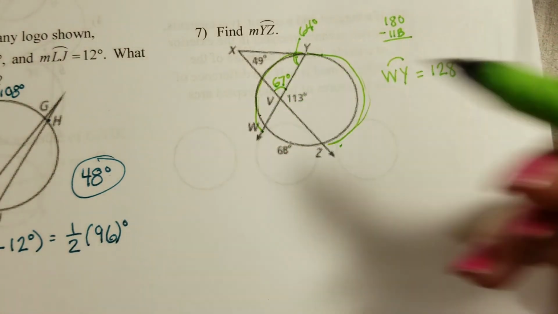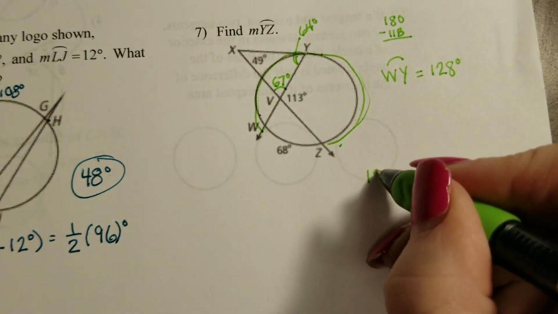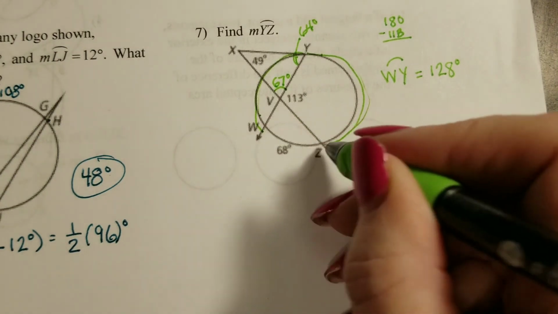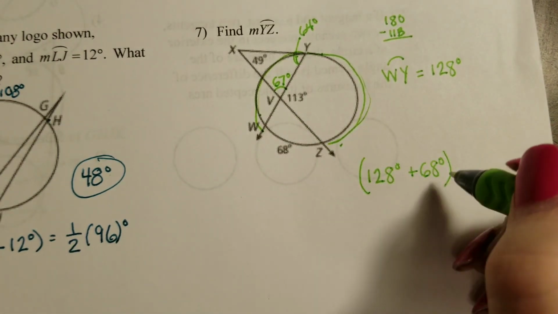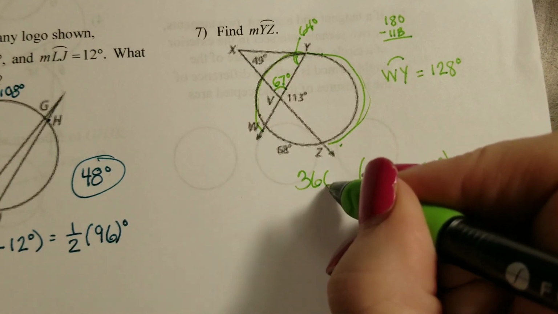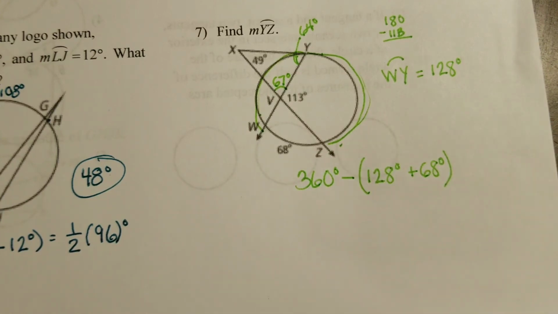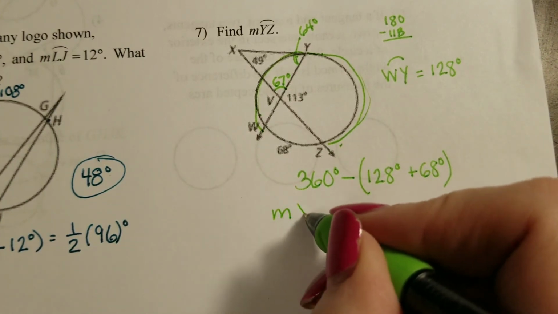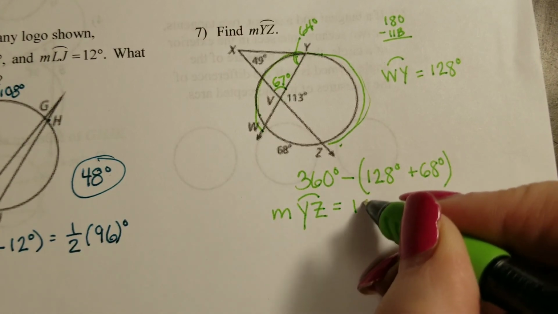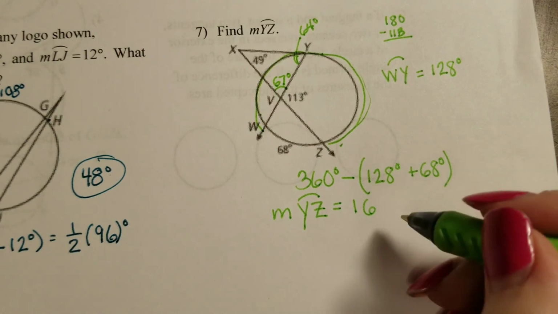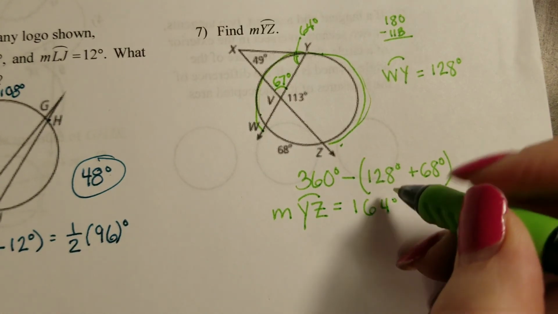We know that this one is 128, and we know that this one is 68. So if we take those and subtract them from 360, that will give us the measure of that arc YZ, and that is 164 degrees.